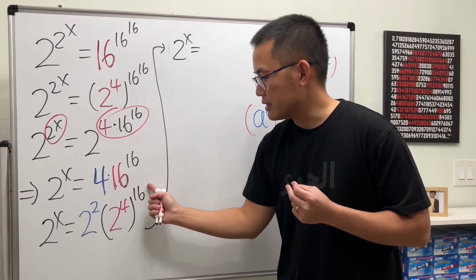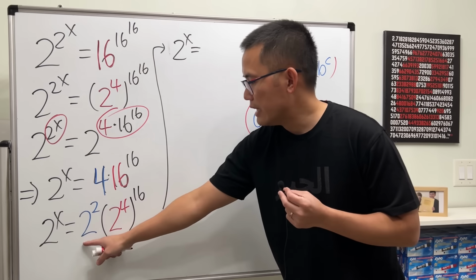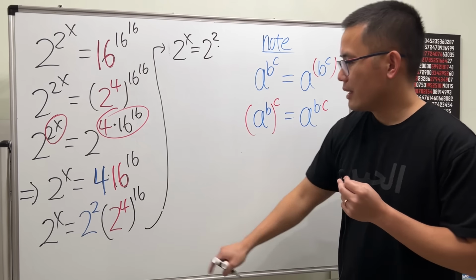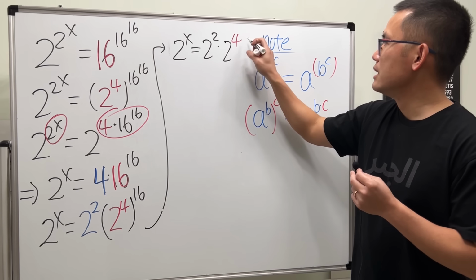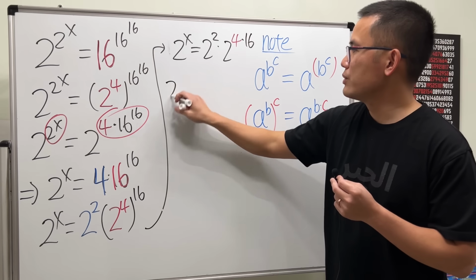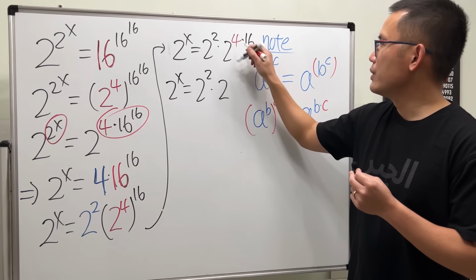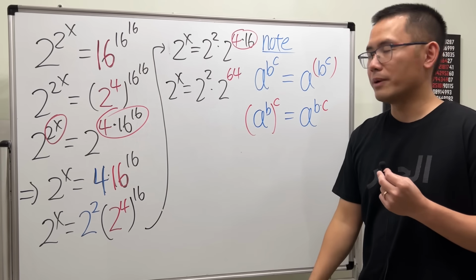So we do this to the 16th power, and we can utilize this rule to help us out. The first part is 2 to the 2, and this is 2 to the 4 times 16. So that's 2 to the x equals 2 to the 2 times 2 to the, and 4 times 16 equals 64.